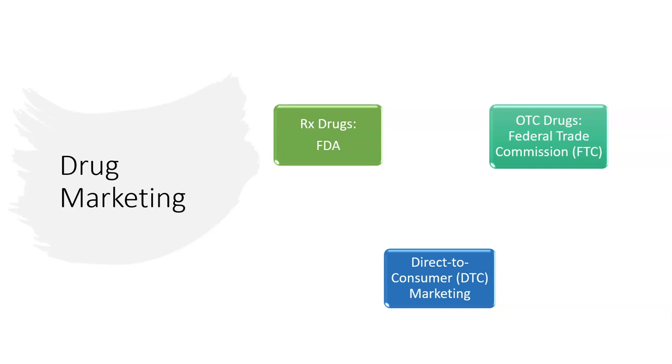So on average, they're going to have about 17 years of being able to sell that drug under the trade or brand name before it comes off. A couple of years ago, we had a lot of drugs that were available generic, but we've had a slowdown with that. So until drugs have been on the market for at least probably 17 years, we're not going to see generics become available.